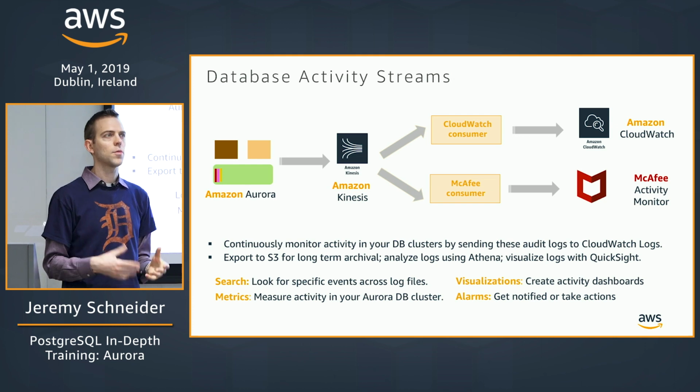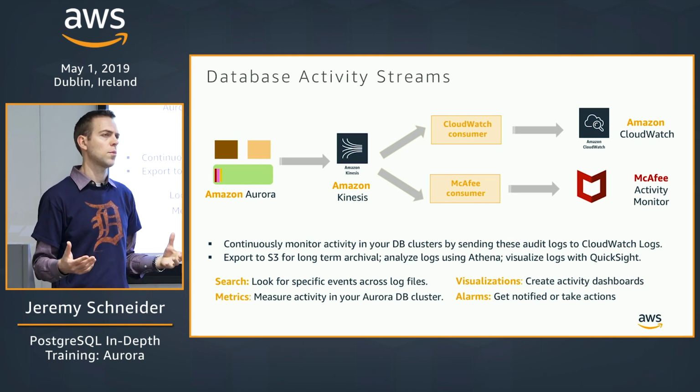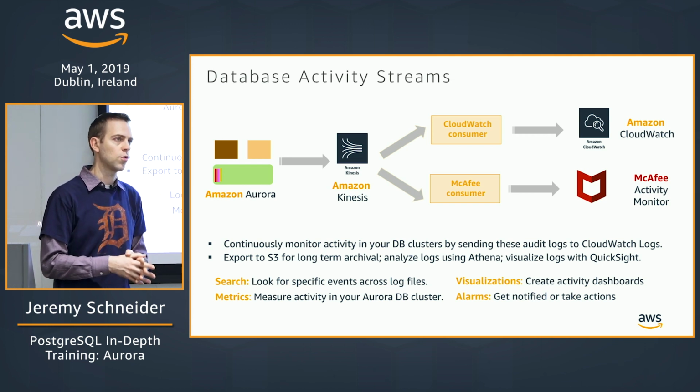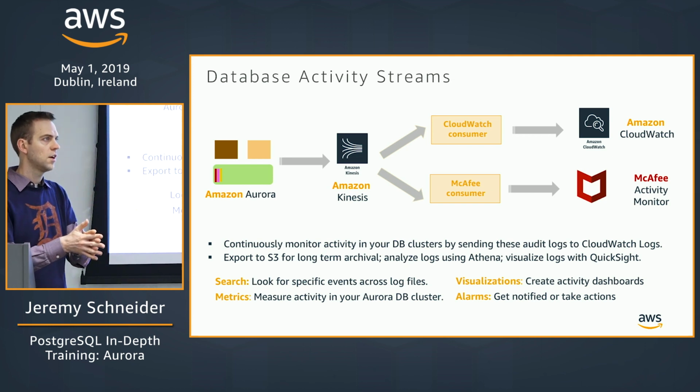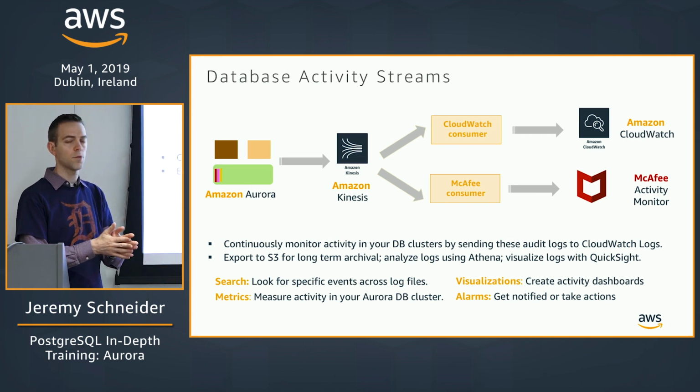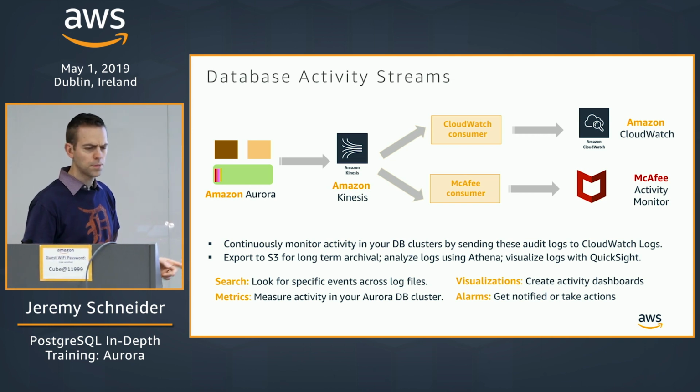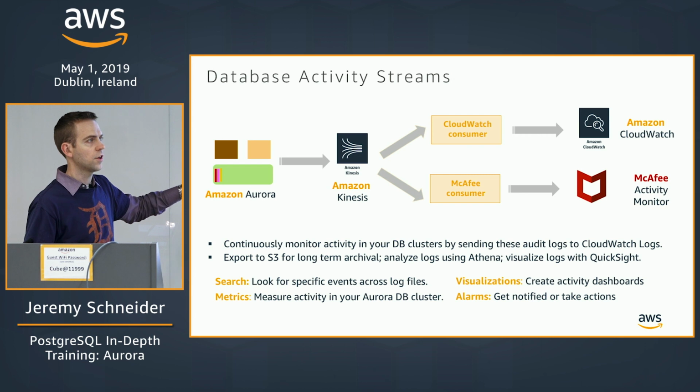Some customers, especially for auditing, have existing relationships with a partner who locks up all the audit logs, and we wanted to support that. You can read more about that, look it up. I just wanted to mention it and get it out there.